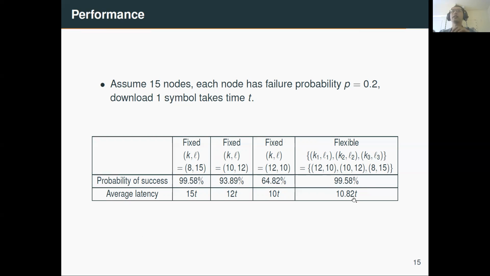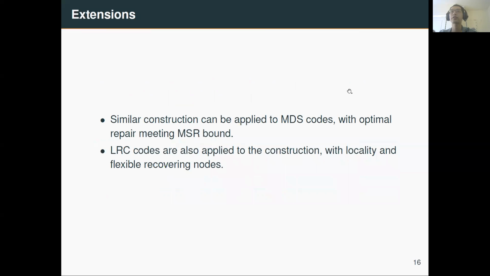Okay, next I'll introduce a little bit about our extension work. This kind of construction can also be applied to MDS codes, and it is quite similar to the partial MDS code. We're also looking at the optimal repair property for these MDS codes.